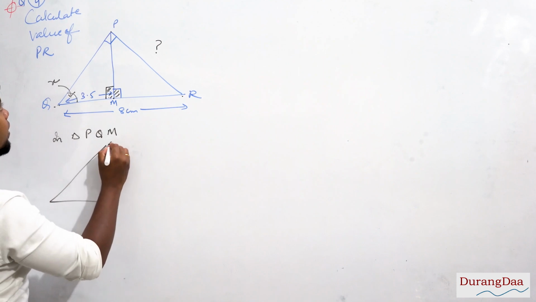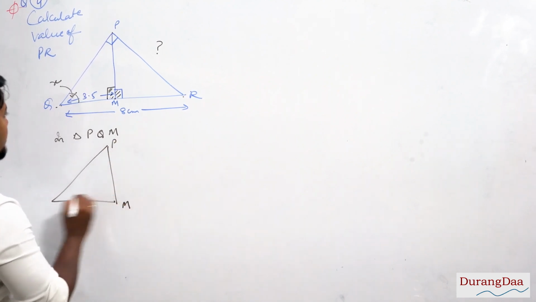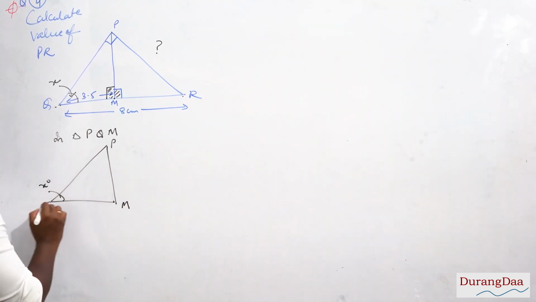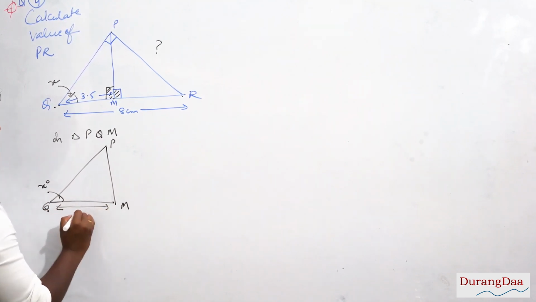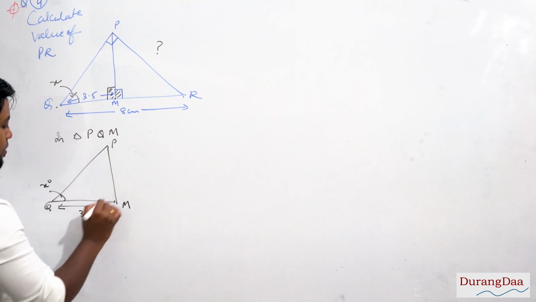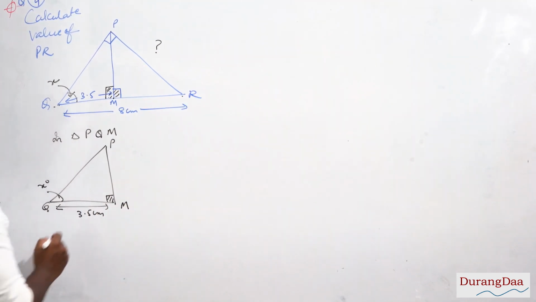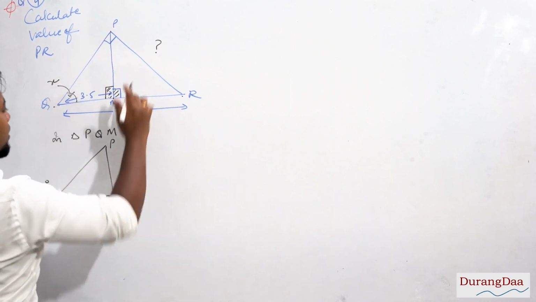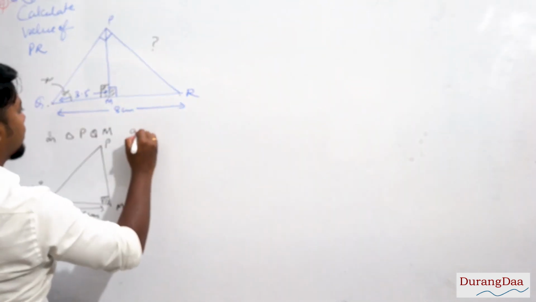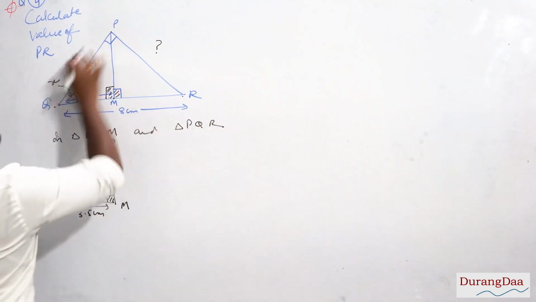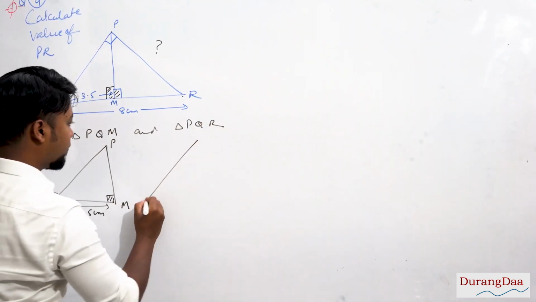This is the triangle PMQ. We have assumed this angle to be x degrees, and this length has been given, which is 3.5 centimeters. This angle is 90 degrees. No problems here.